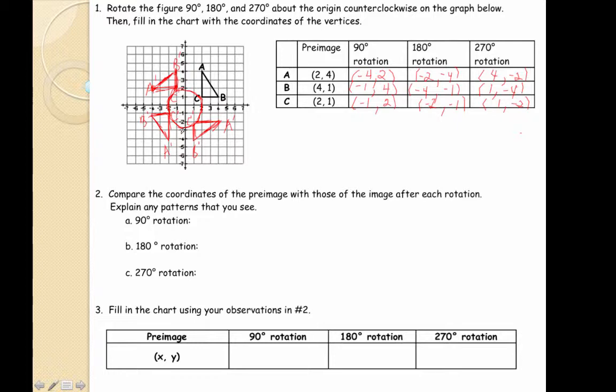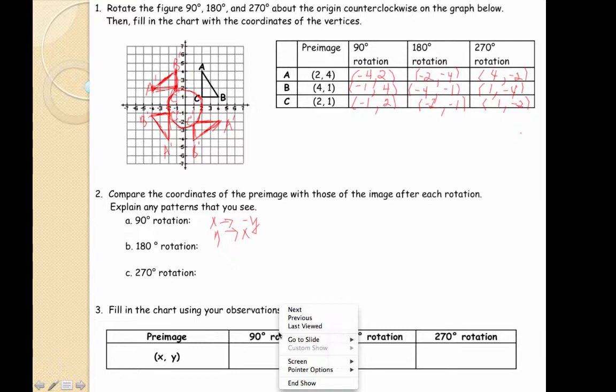So if we compare the coordinates of the pre-image with those of the image, for a 90-degree rotation, what happened is that the x value went to negative y, and the y value went to the x value, if that makes sense.